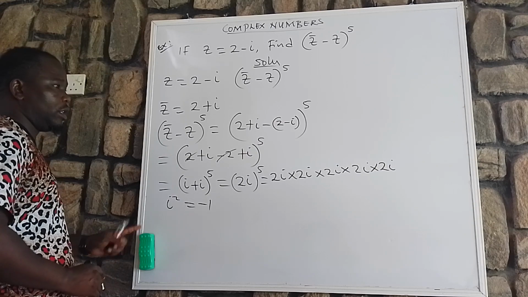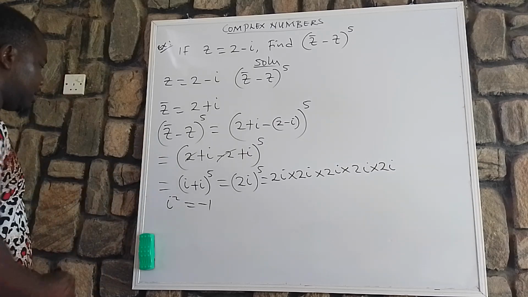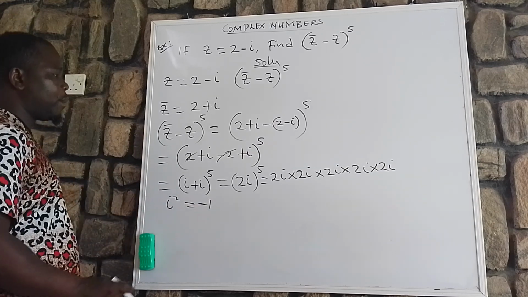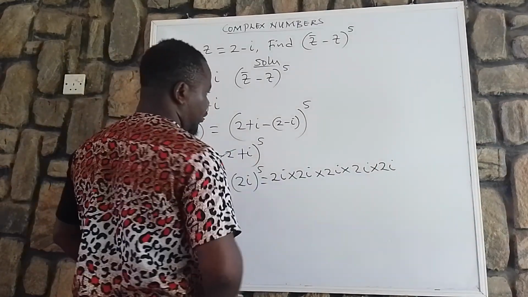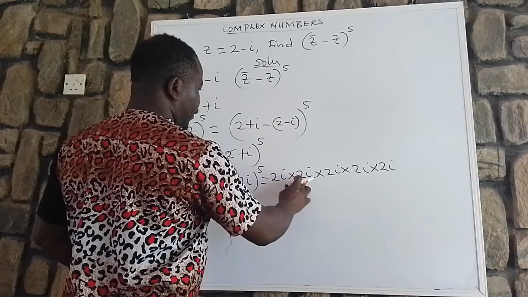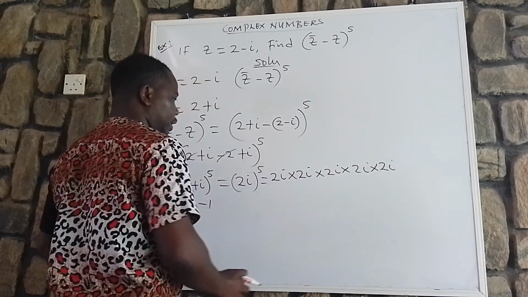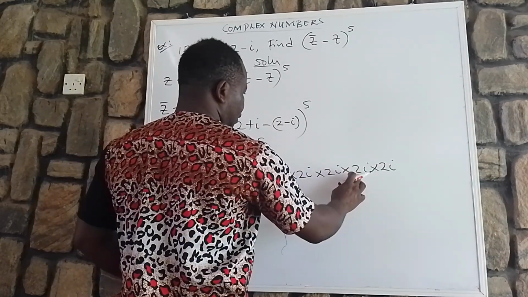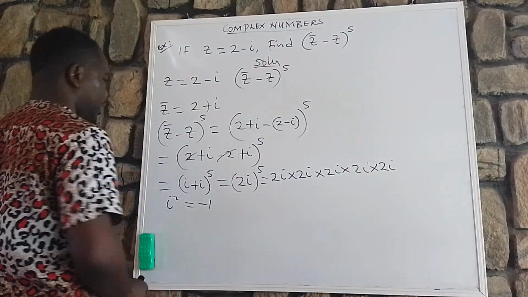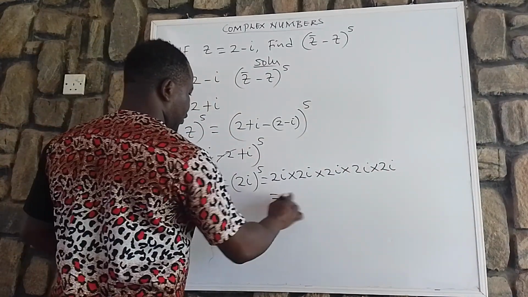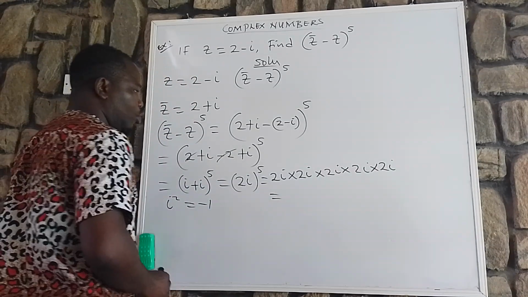Take note whenever you are dealing with complex numbers. You must take note of this. So this will give us 32: 2 times 2 is 4, times 2 is 8, times 2 is 16, times 2 is 32.